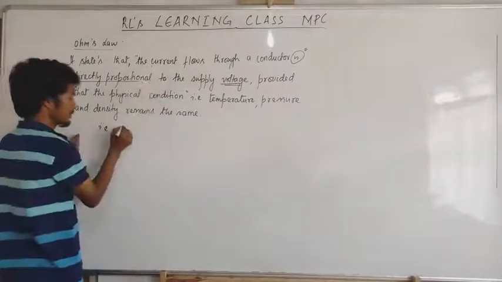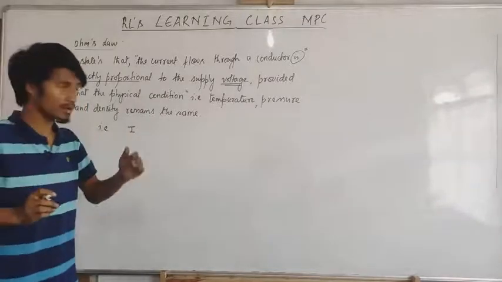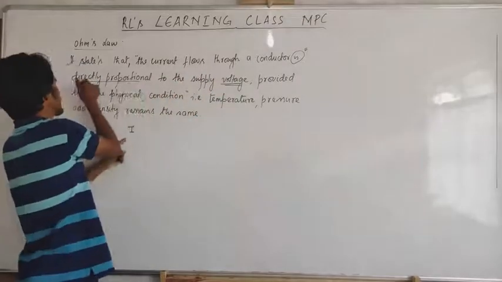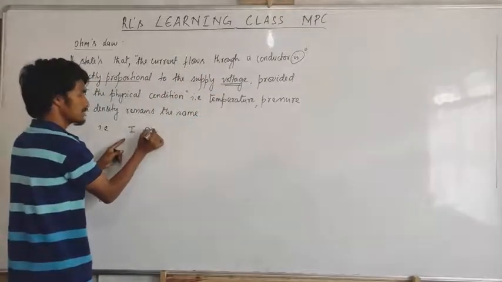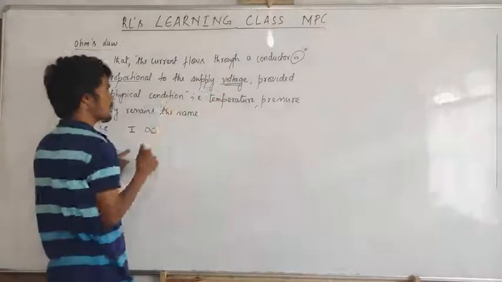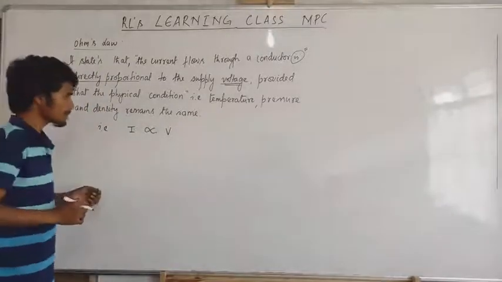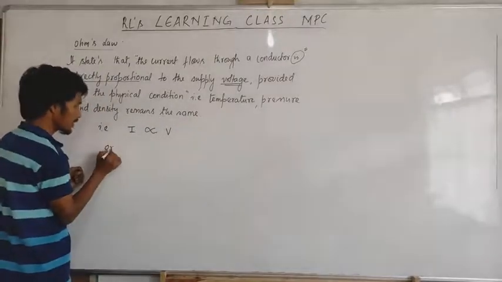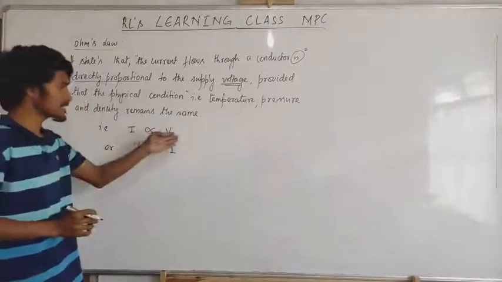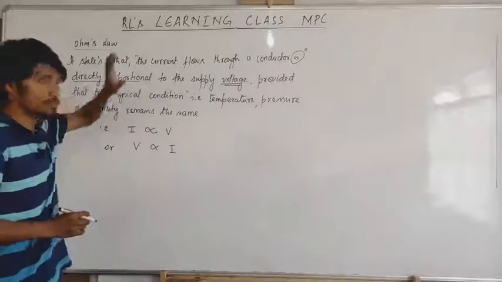The symbol for current is I. You already know that. The current flowing through a conductor is directly proportional to the supply voltage. The supply voltage will be the electric potential, volt. Or I can write this like V is directly proportional to I, because as V is increasing, I also increases, and as I is increasing, V also increases. That is what Ohm's law said.